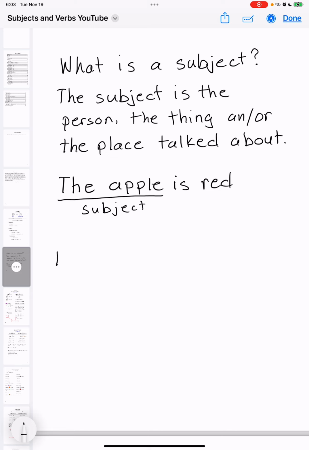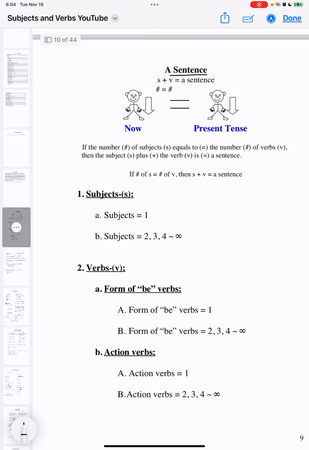Or you can say, the book is on a desk. So what is the subject? It's going to be the book. Very easy.